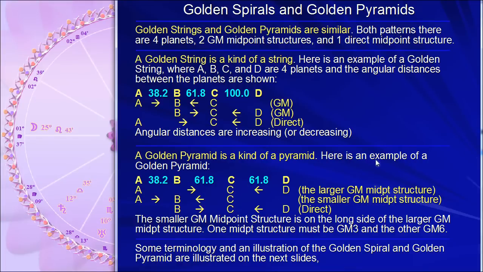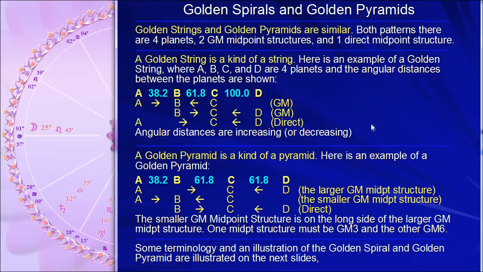The more midpoint structures formed between the planets, the more intricately woven together the planets are, the more powerful the energy system. So a silver midpoint structure is very similar, but not exactly in this order. Or if B was between C and D, if it was in the short side instead of the long side, any deviation from this exact layout we would call a silver pyramid.